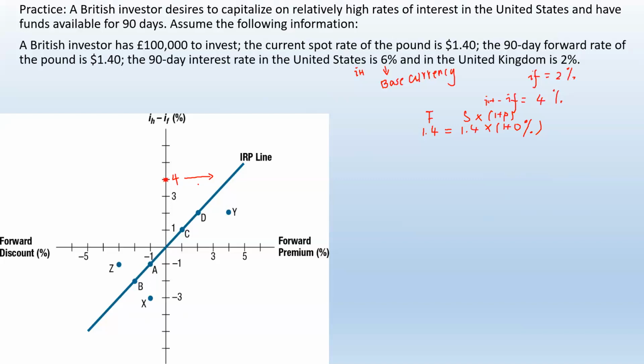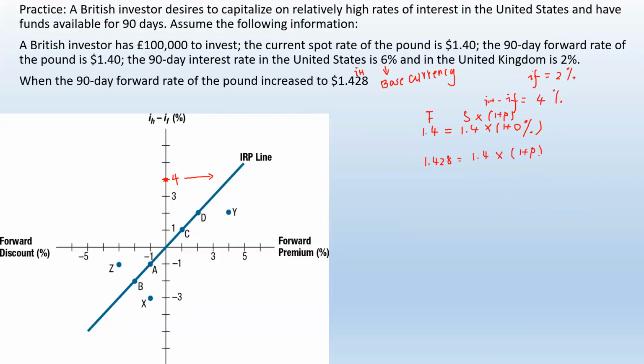And then because the interest rate differential keeps the same, IH minus IF is always 4%. The dot will move to the right-hand side. When the forward rate is 1.428 and spot rate is 1.4, we find P is approximately 2%. So the interest rate differential is still 4%, but the forward premium is 2%. So the second dot is here.